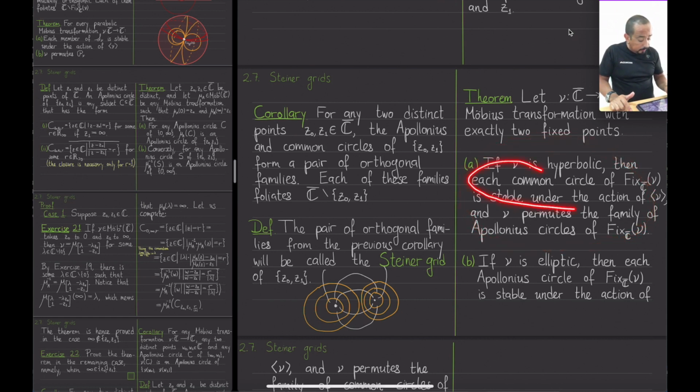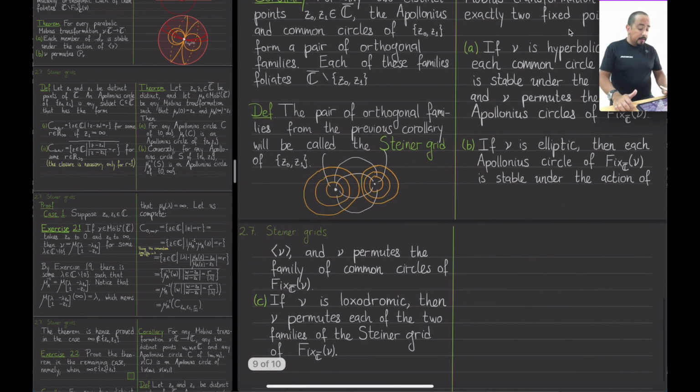So this is what I stated here: each common circle is stable under the action of nu if nu is hyperbolic, and nu permutes the family of Apollonius circles. Now, if nu is elliptic, then again, let's conjugate and see what happens in the case of rotations. Each common circle goes to another common circle, also in order.